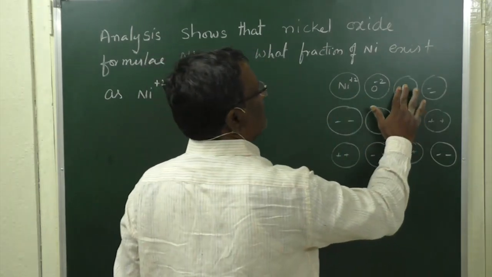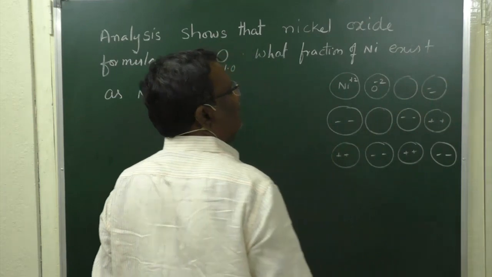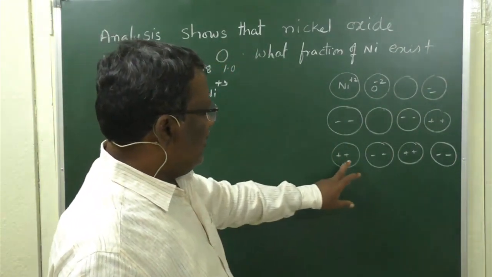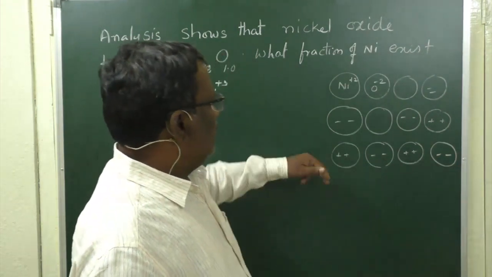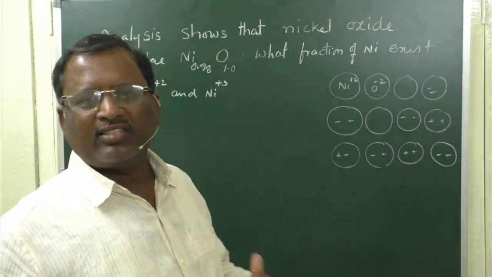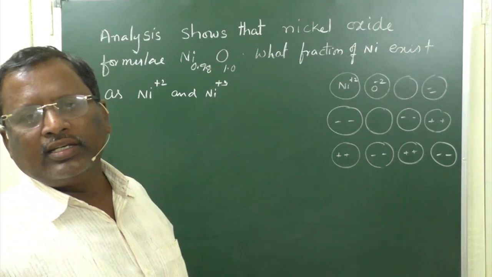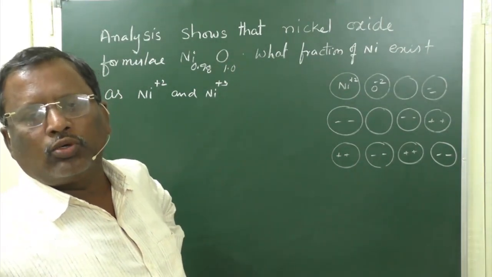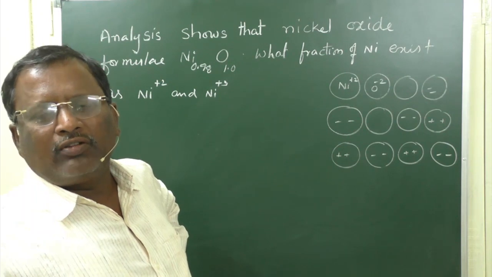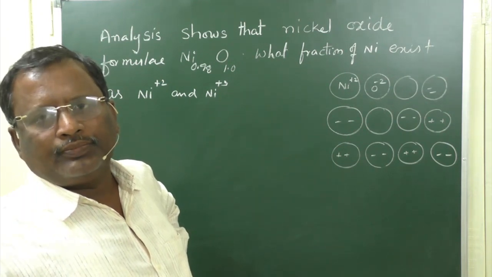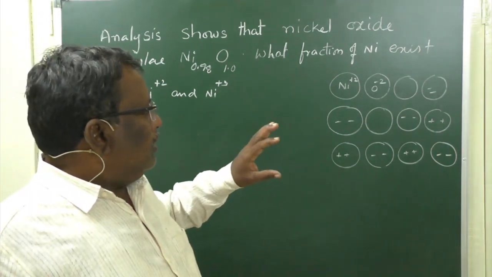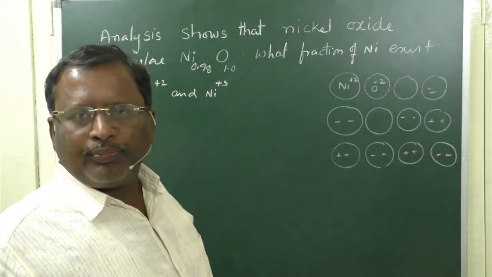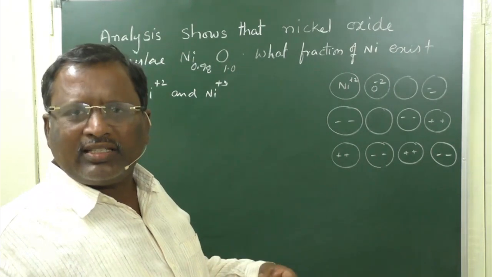When some nickels disappear, what happens? Previously, how many? 1, 2, 3, 4, 4 into 3, 12. 12 means 6 oxide ions and 6 dipositive nickel ions are present. That means total positive charge is equal to total negative charge. But when 2 nickel ions disappear from the crystal, the positive charge decreases.